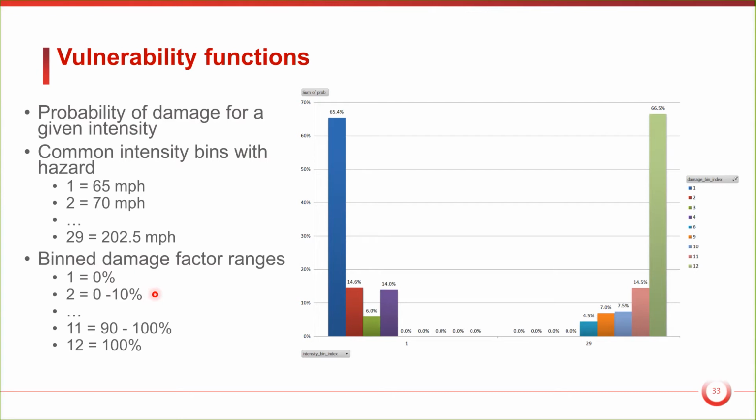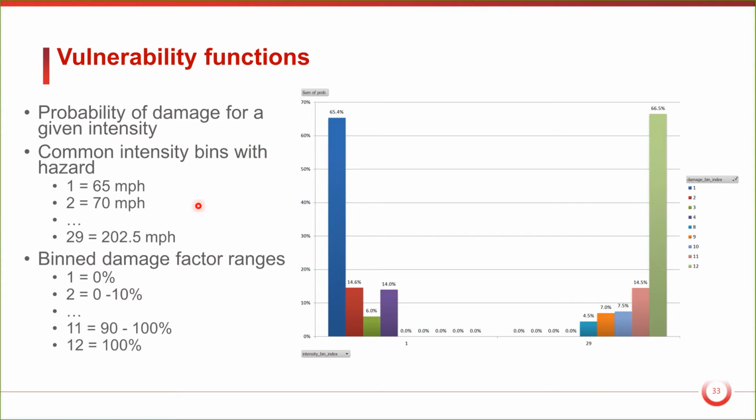And our vulnerability functions then become probability distributions of damage for a given intensity, which we see at the bottom here. So for our intensity bin 1, which was the very low wind speed, we have a probability distribution of damage. For 65 miles per hour, for this type of property, for this vulnerability function, I have a 65% chance of damage bin 1, which was, if you remember, 0 damage.